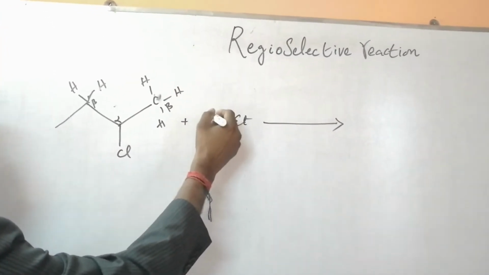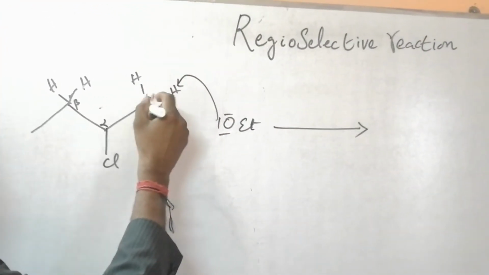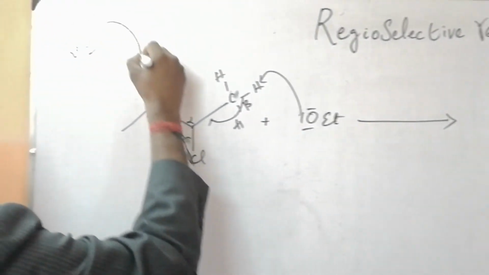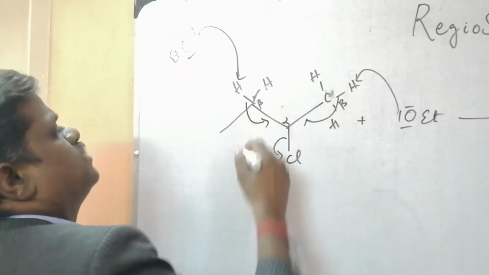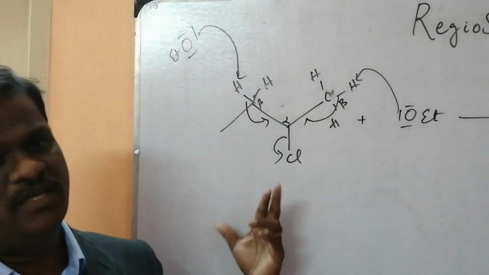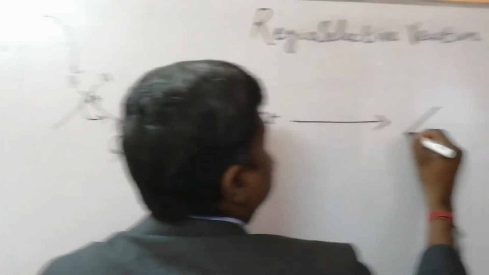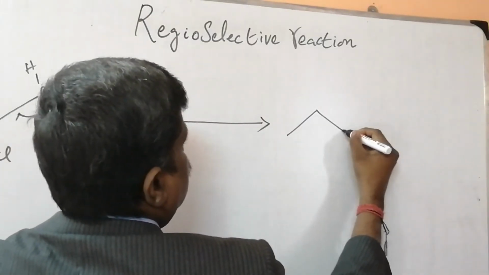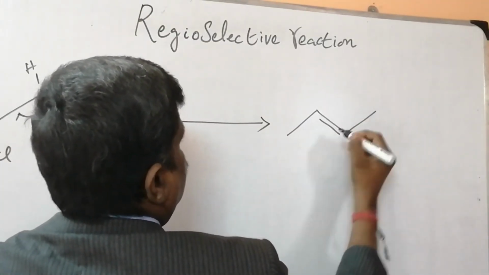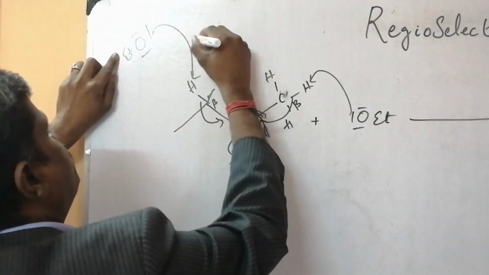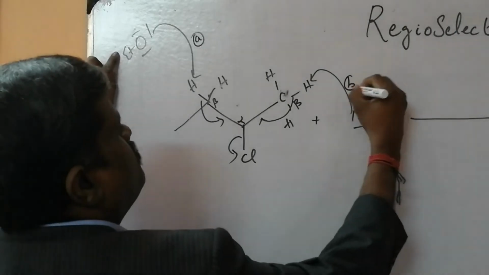This base may abstract either this proton and give this, or the same way it can abstract this proton and it goes like this. So now you are going to get two different types of products. This is pathway A and this is pathway B.